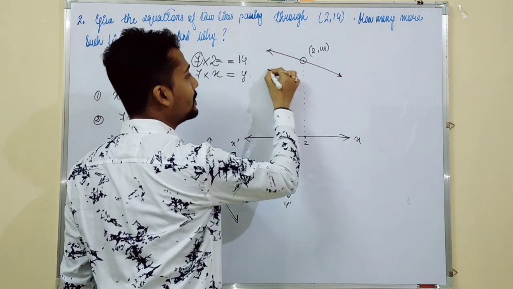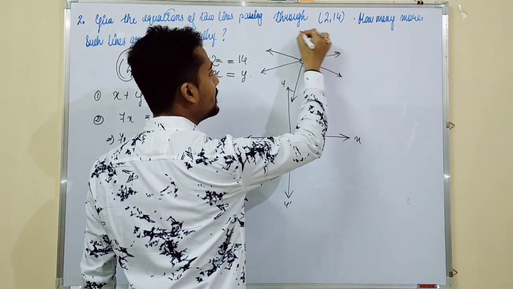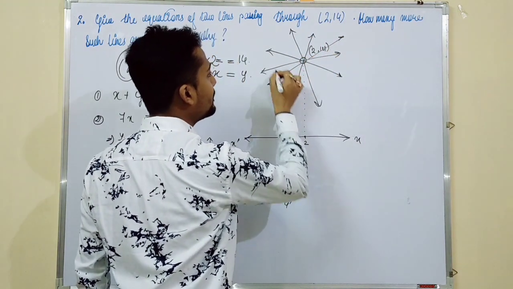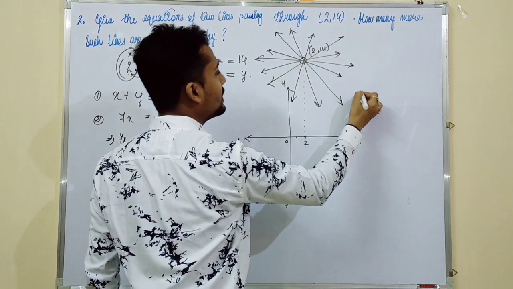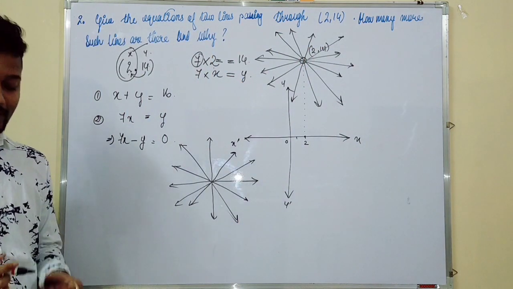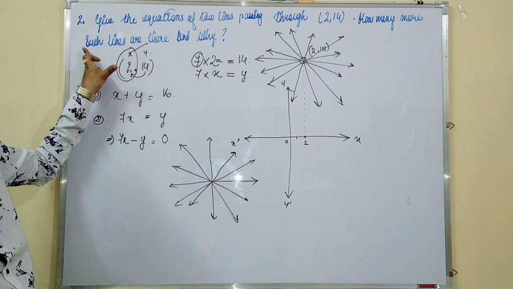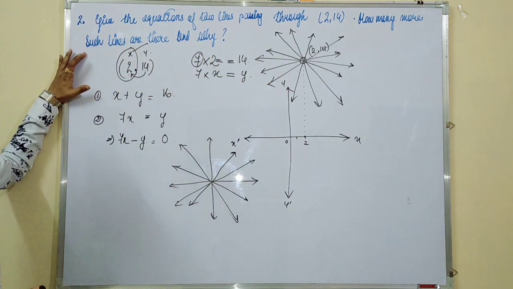1, 2, 3, 4, 5, 6, 7, uncountable, isn't it? So have you understood till this much? This question is only that much. You have to write the statement for what is being asked: how many more lines are there and why.